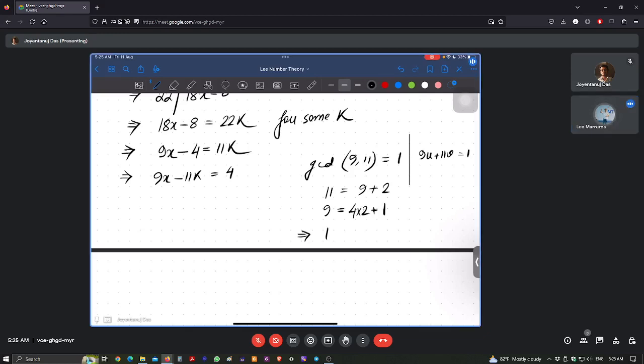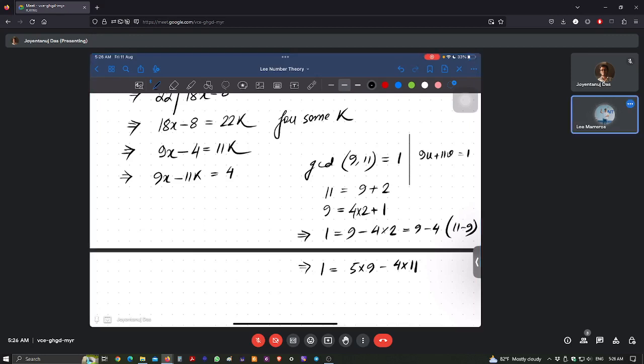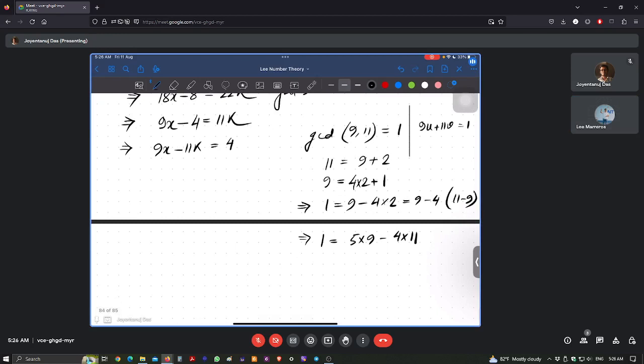So we can now backtrack. 9 minus 4 times 2, so 9 minus 4 times (11 minus 9). So it is 5 times 9 minus 4 times 11, and this equals 1.